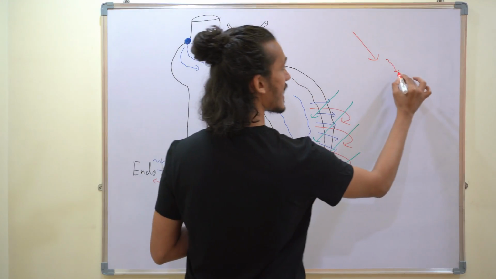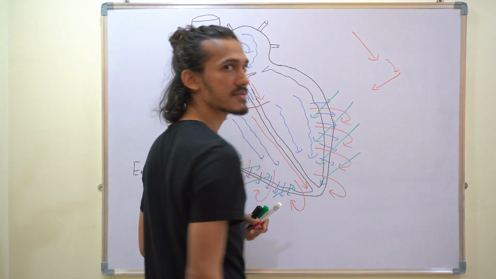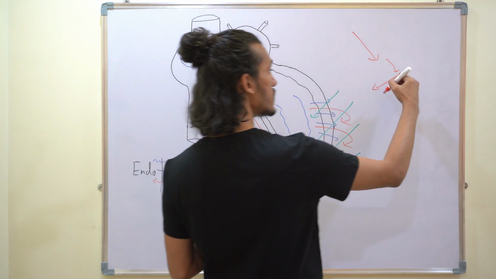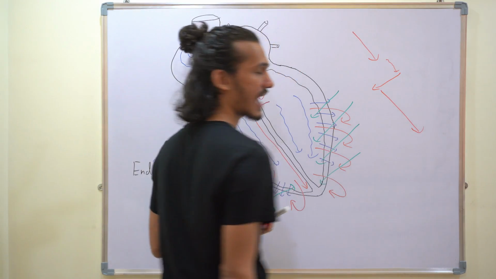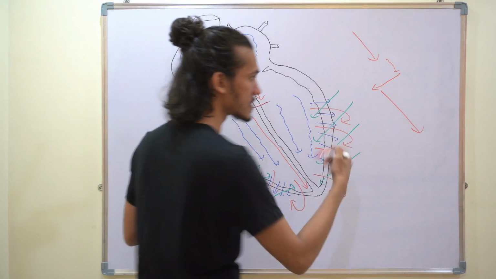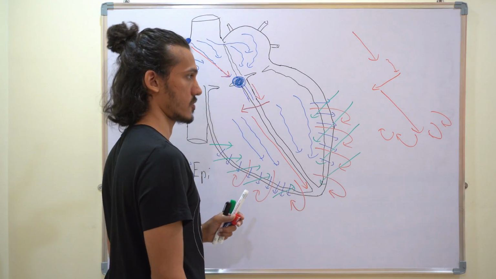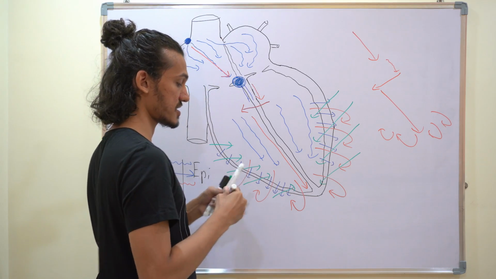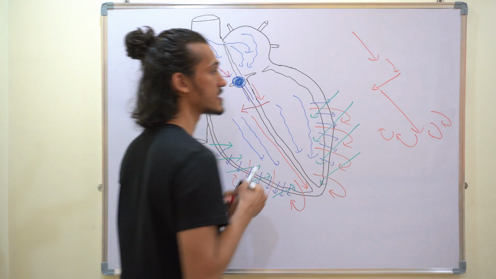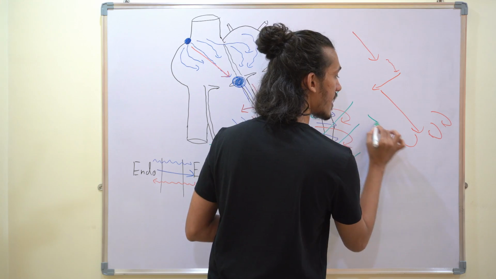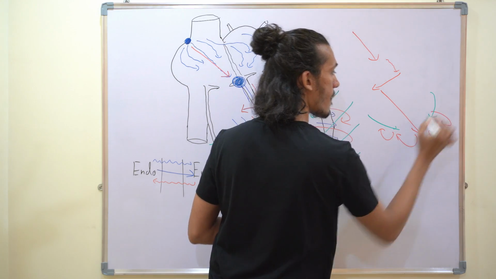The left to right activation of the septum takes place, and then it goes towards the apex, and after that it climbs over down, right? Okay. And while repolarization is taking place, it is kind of the other way around.